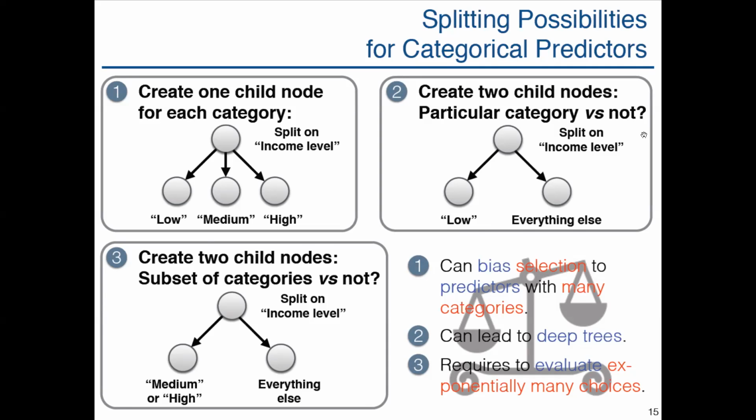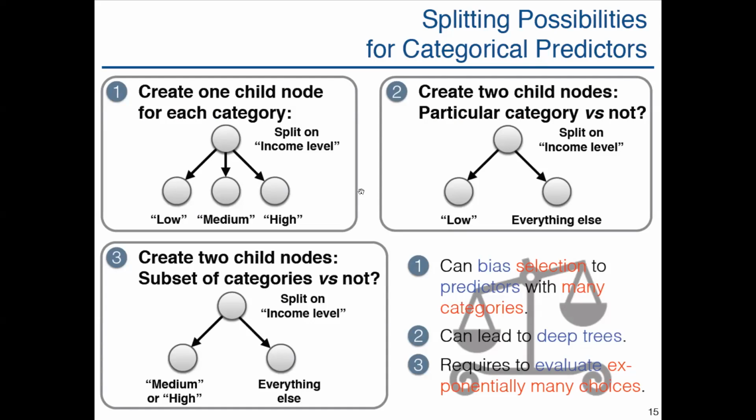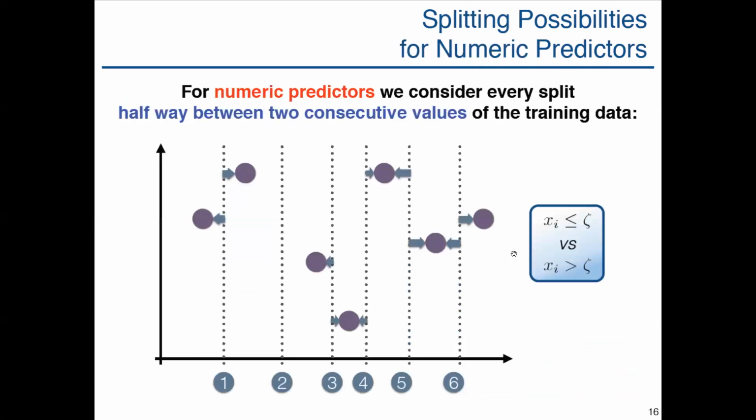Then the second thing is, what do we do for numeric predictors? We have done this for categorical predictors, we can do it like this. What do we do for numerical predictors? In this case, let me just write down some numbers here. Let's say you have that same variable, that is income level, and you have different values for that income level.